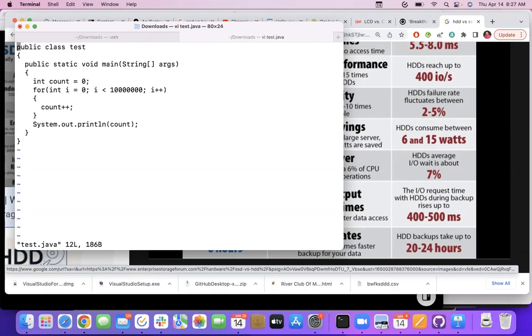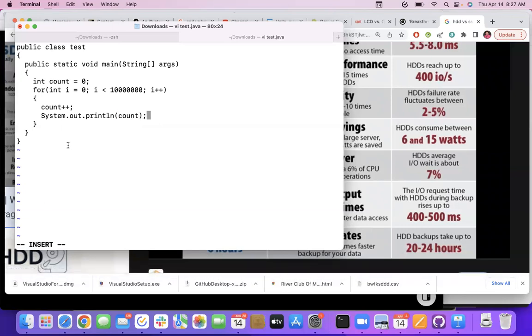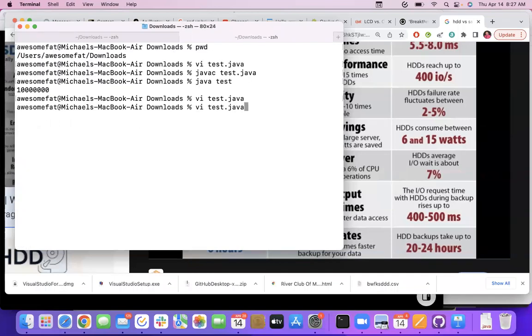If I just make one little change here, and instead I print out count every single time I've incremented it, which doesn't seem like that big of a deal.